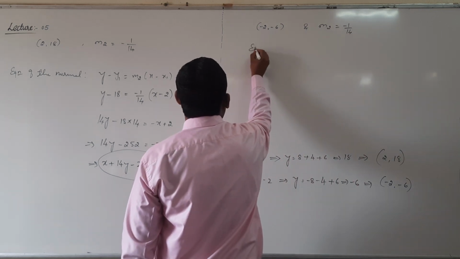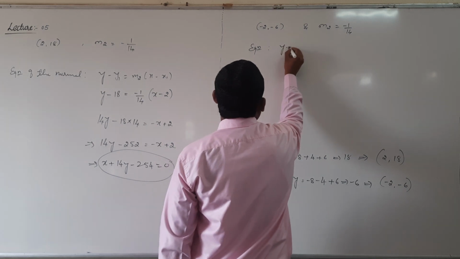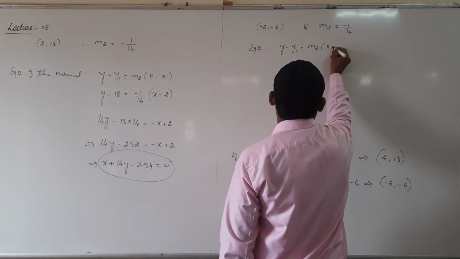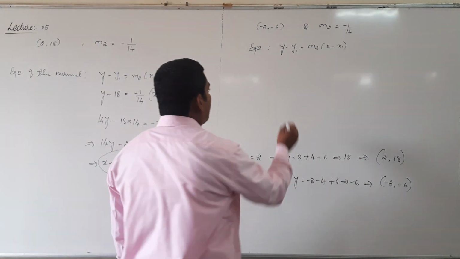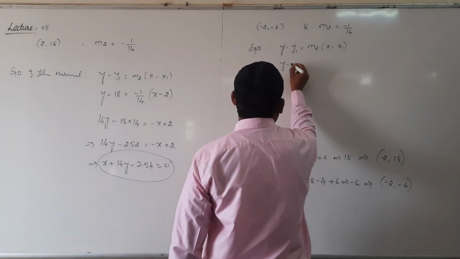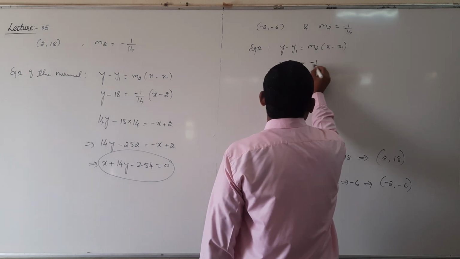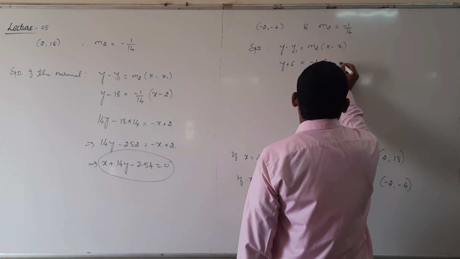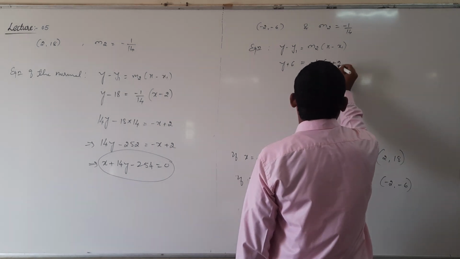Now the equation of the normal: y minus y1 is equal to m2 into x minus x1. In this case y1 is minus 6, so plus 6, equal to minus 1 divided by 14 into x minus, what is x1 here? Minus 2. So minus of minus will be plus.